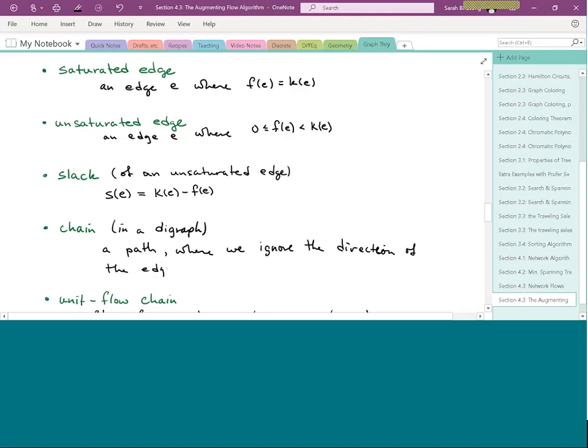Now, why do we need to make that distinction? Because a path in a digraph, or in a directed graph, is by default also called a directed path, which means when you travel from vertex A to vertex G, or vertex A to Z, or B to H, or whatever vertices you go between, as you go through the graph, you have to follow the direction of the edge.